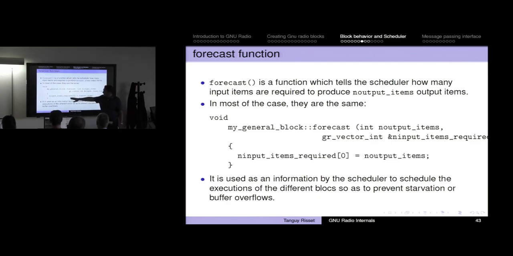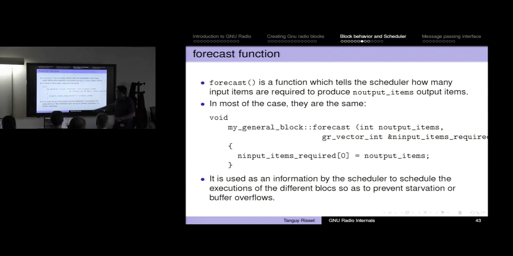So this code is valid if you need to consume one input item to create one output item. In my previous example, I should have written n input items required equals 4 times n output items, because I consume 4 input items on the first, and on the second it's 2.